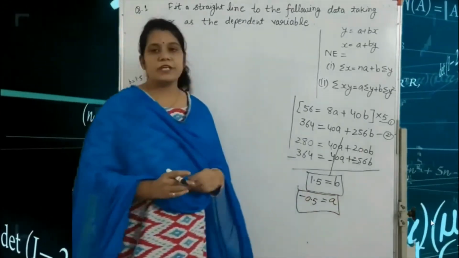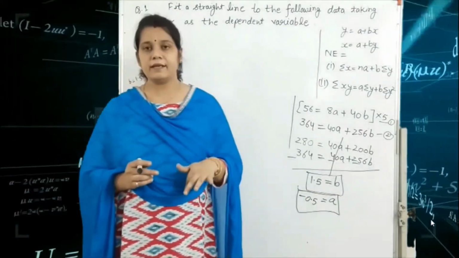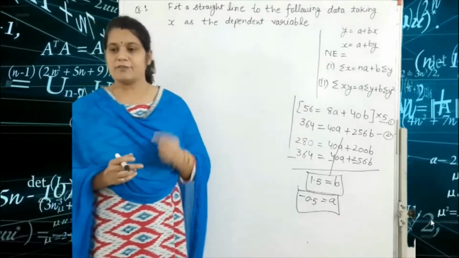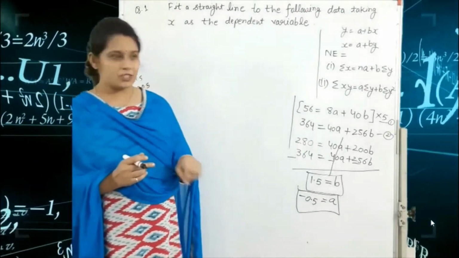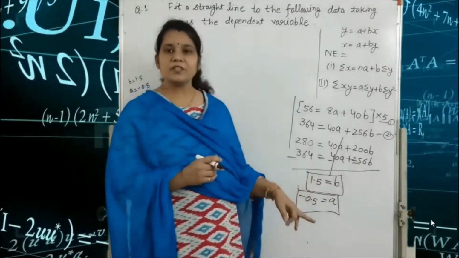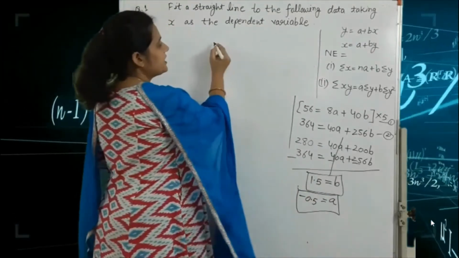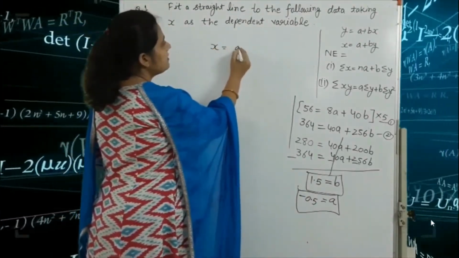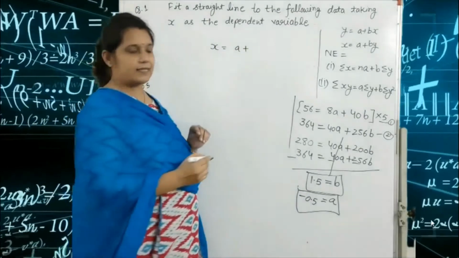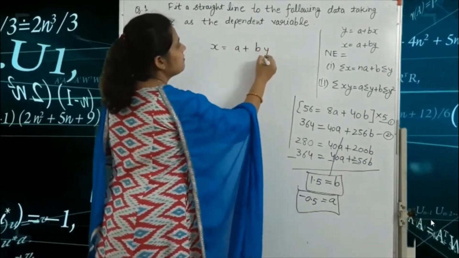Okay, so here we get the value of a and b, but this is not a final answer, because we put both the values in a straight line equation. And a straight line equation is what? x is equal to a plus by.